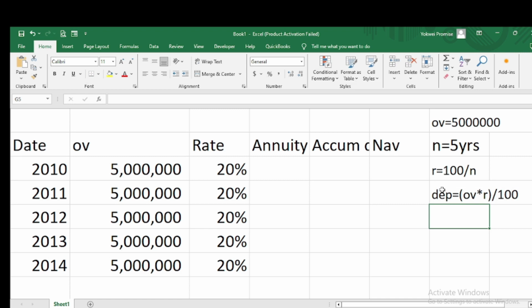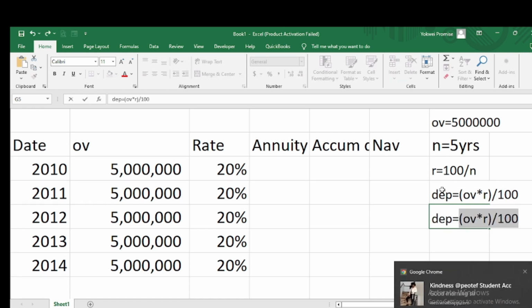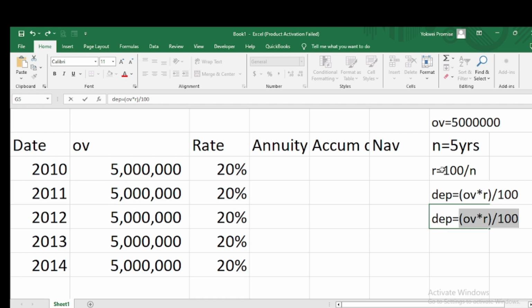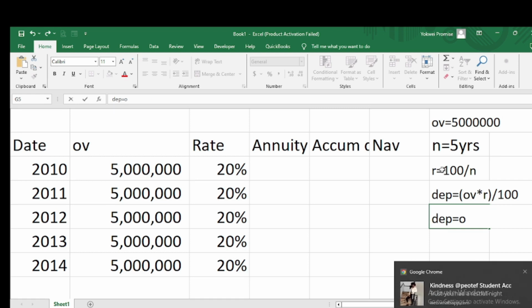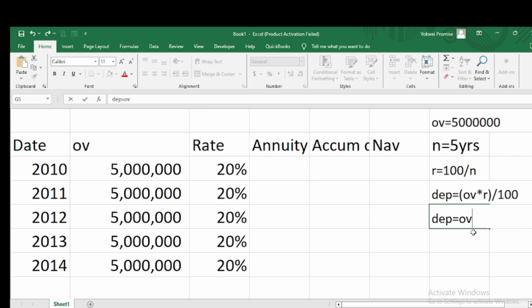Another alternative formula we have is dip equals OV divided by N.